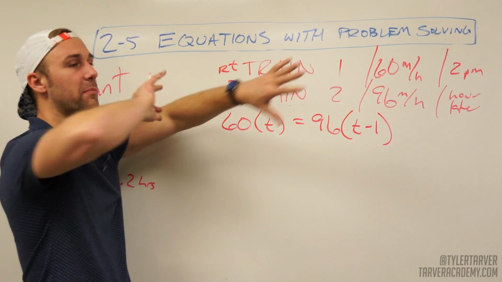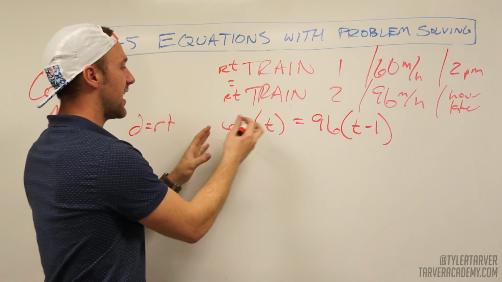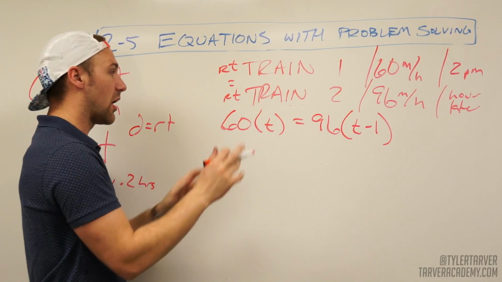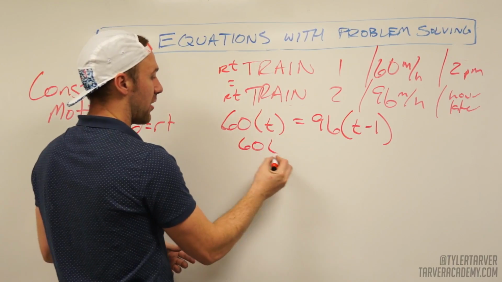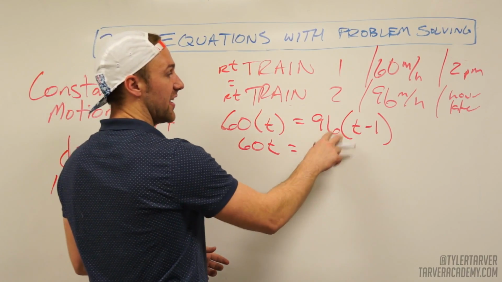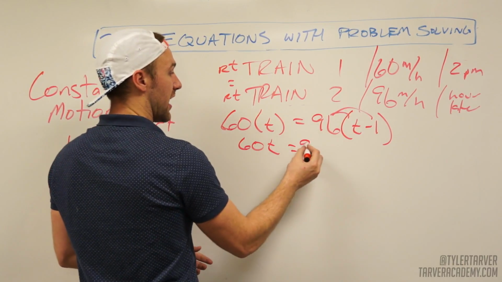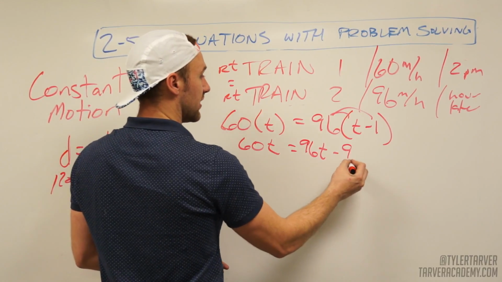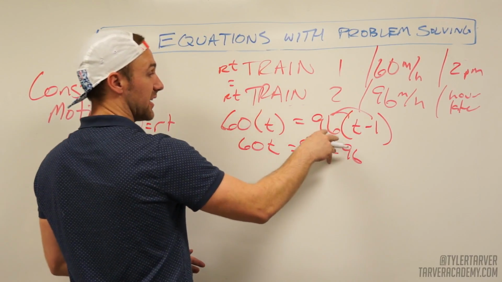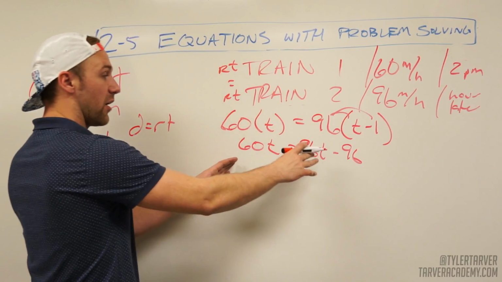Now I've broken the barriers of word problems. I've gotten it down to just solving the equation. 60 times t, I can't really do anything with, so I drop the parentheses. Now this I can distribute: 96t minus 96, since negative 1 times 96 is negative 96. Now I get my t's together.